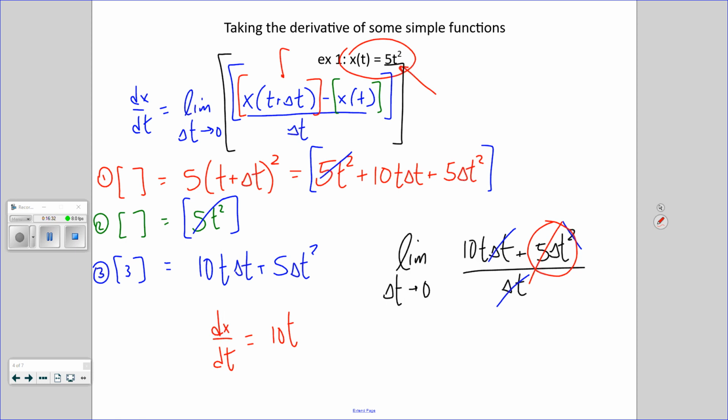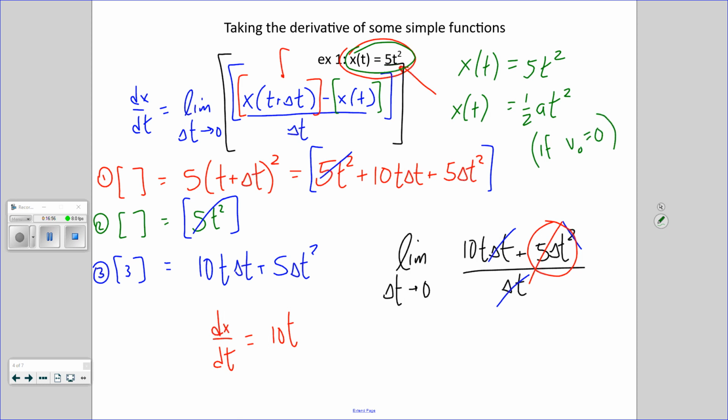Now, let's talk about some physical significance. If we say x of t equals 5t squared, that looks a lot like v naught t plus 1/2 a t squared, right? Particularly if v naught is 0.